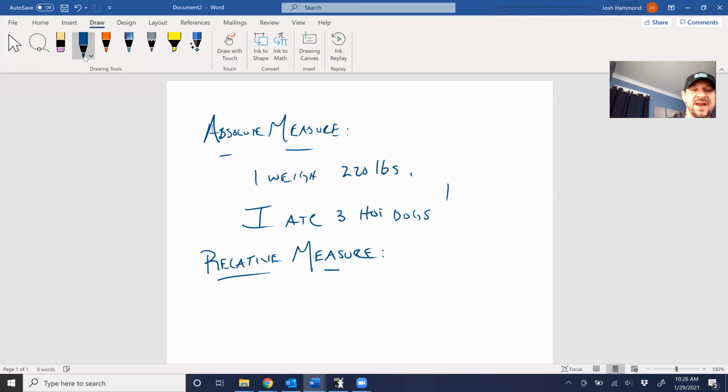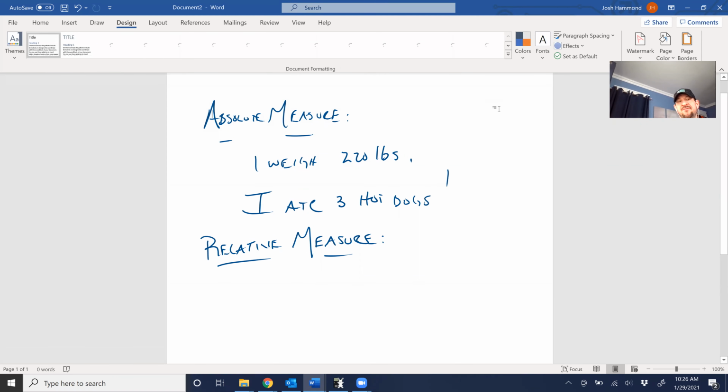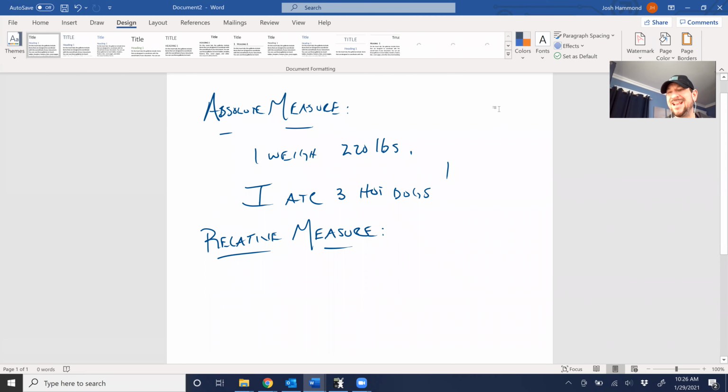Now, relative measure is all about comparisons, okay? So here's an idea. For example, I ate 3 hot dogs, okay? Hot dogs come in packs of 6 or packs of 8 usually, right? So we'll use a pack of 6.